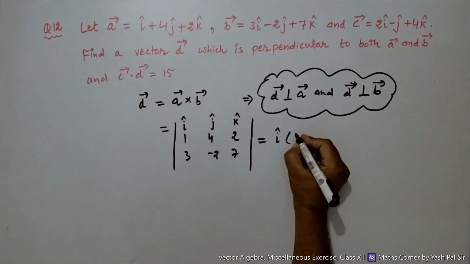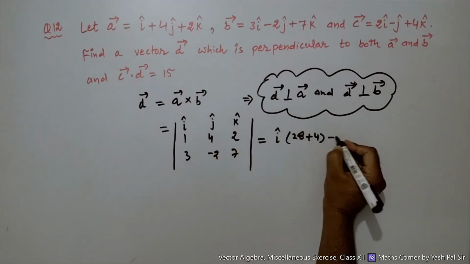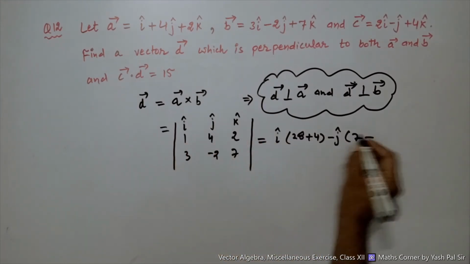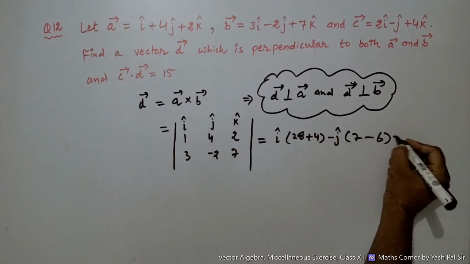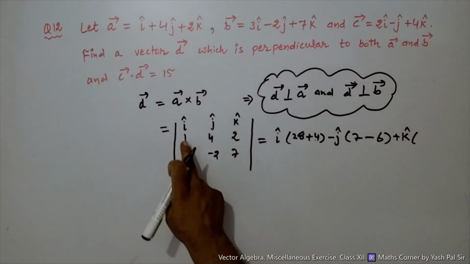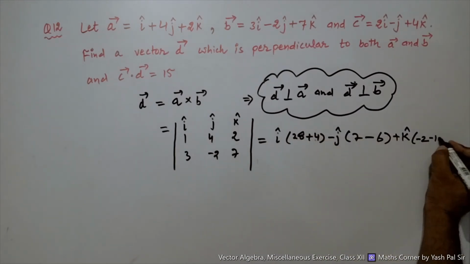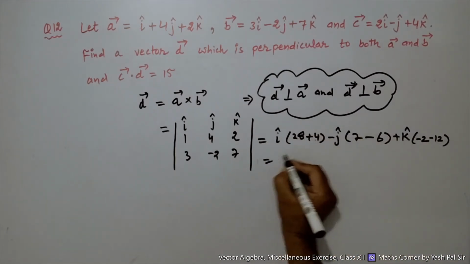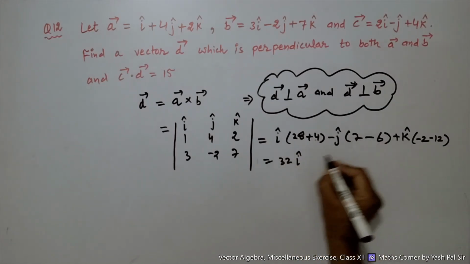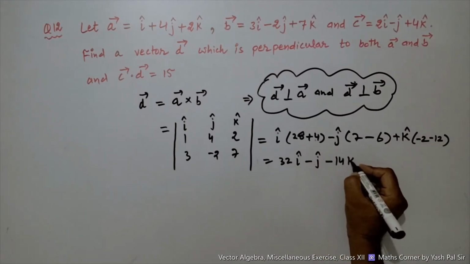So this becomes i cap into 4 into 7, 28, minus minus plus 4, minus j vector, 1 into 7 is 7, minus 9, minus k vector, k cap into minus 2, minus 12. This is equal to 32i, 7 minus 6, 1, minus j cap, minus 14k.